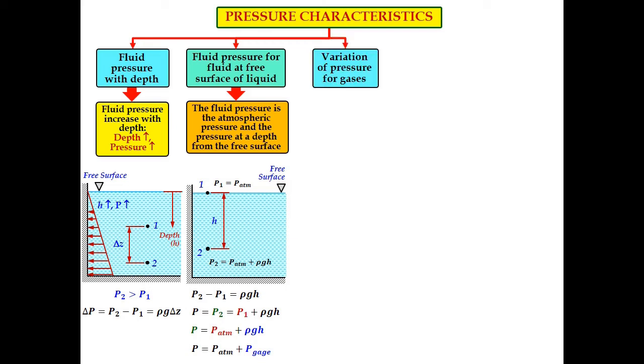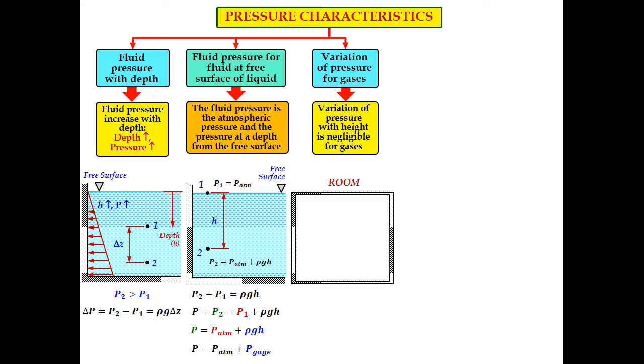Okay, next, the variation of pressure in gases. For gases, the variation of pressure with height is negligible. Let's say we have a room with gases, or air as our gas, and the blue arrow represents the height inside the room. At state 1, the pressure of air at the top is 1 atm.